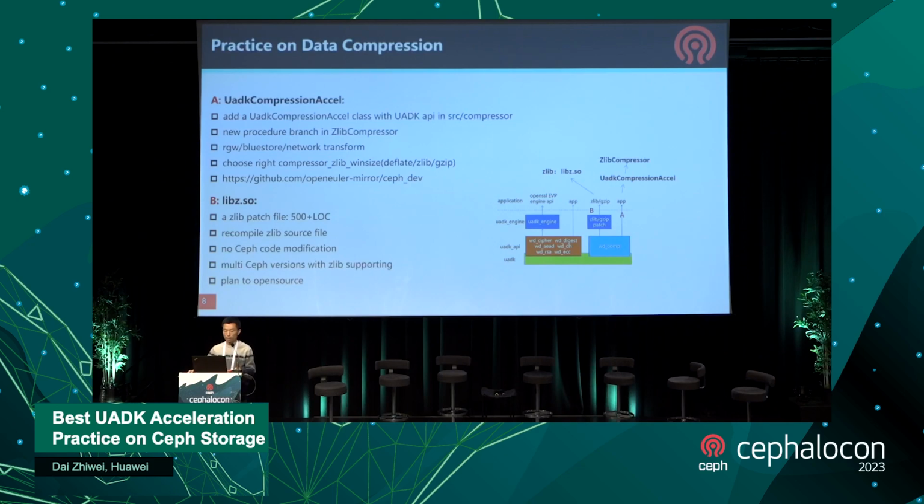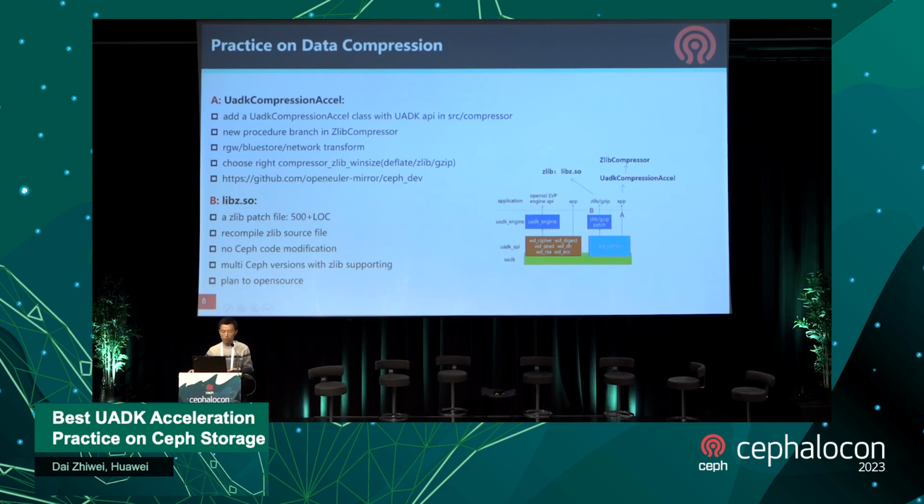Also, it supports RGW compression, BlueStore compression, and network messenger compression. At the same time, you should choose the right compressor zlib inside because it means different algorithm headers: deflate, zlib, or gzip.